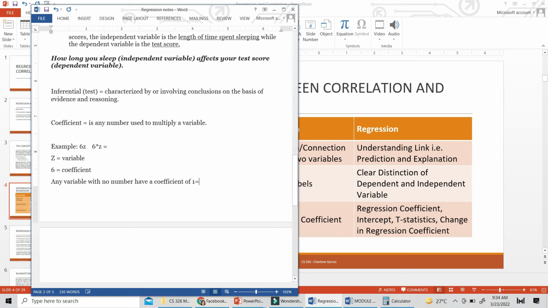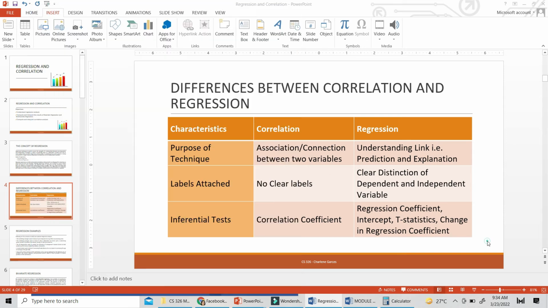So in cases where the variable has no number on it, automatically the default coefficient is 1. Okay? So to continue, that's the difference between correlation and regression.